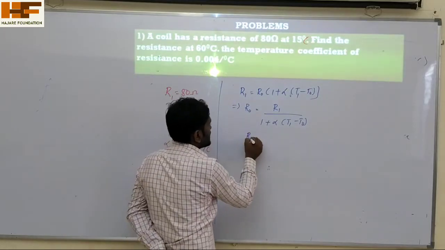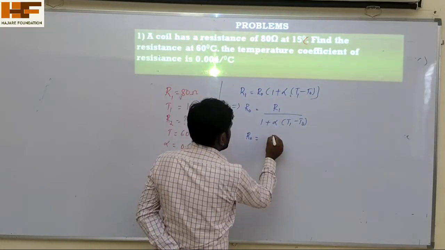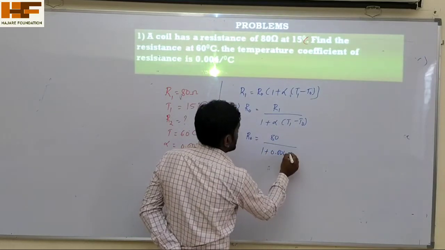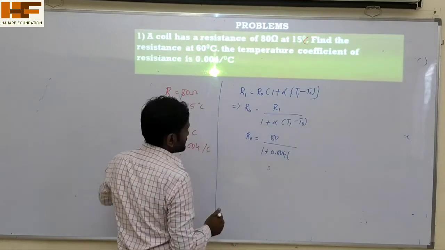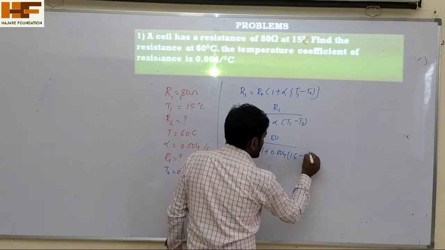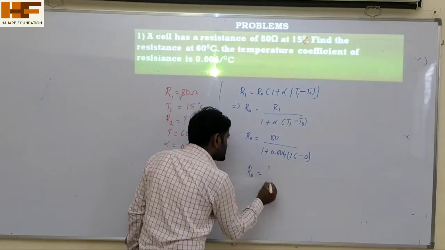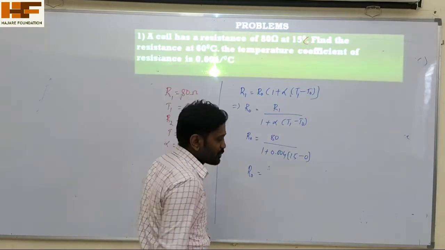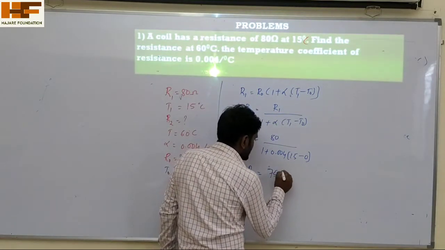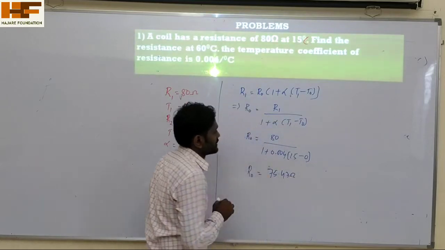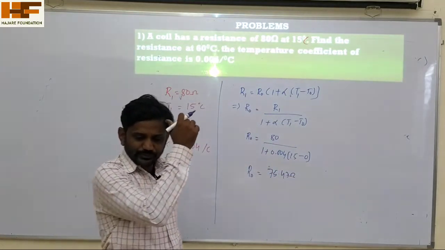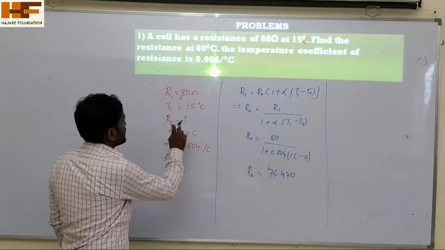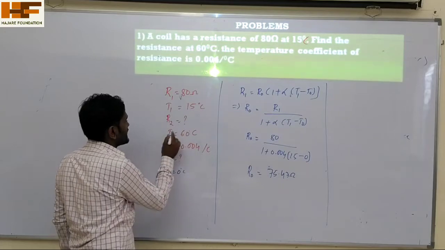Substituting, R naught is 80 upon 1 plus 0.004 into 15 minus 0. Simplifying, we get R naught equal to 75.47 ohm.